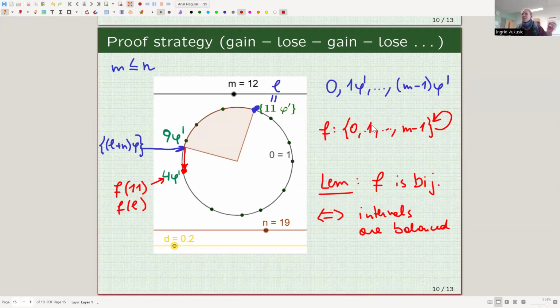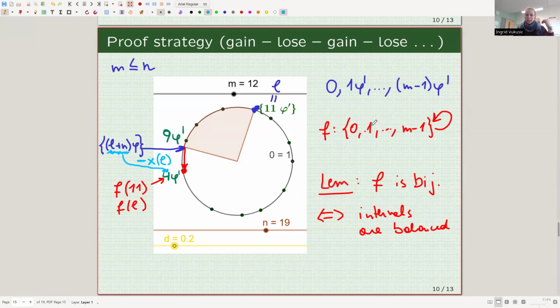The way that I think about this function f is: how do I get from this L plus n phi prime to an integer, in this case 4, that is in the range? L plus n was not in the range. We need to get back into the range. We need to subtract something. Let's call this number x of L. And then we get back into the range 0 to m minus 1.